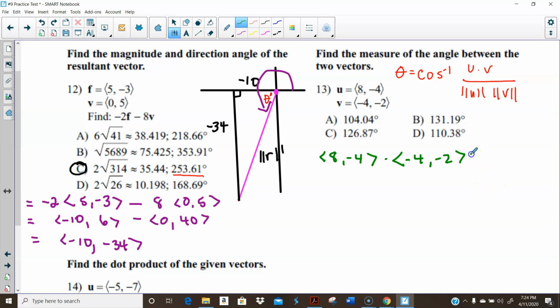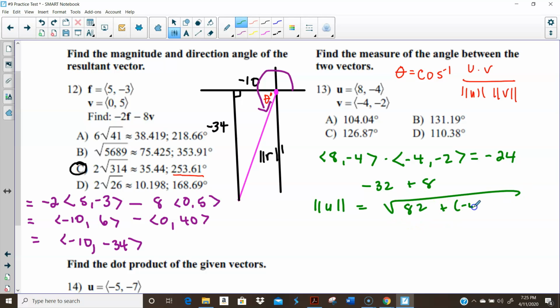Dot product means we're going to get a scalar or just a number. So it's first times first, which is -32, plus -4 times 2 is 8, and that's going to give us -24. Then we're going to do the magnitude of u. The magnitude of u is simply the square root of 8 squared plus -4 squared, which is the square root of 64 plus 16, and that is 80.